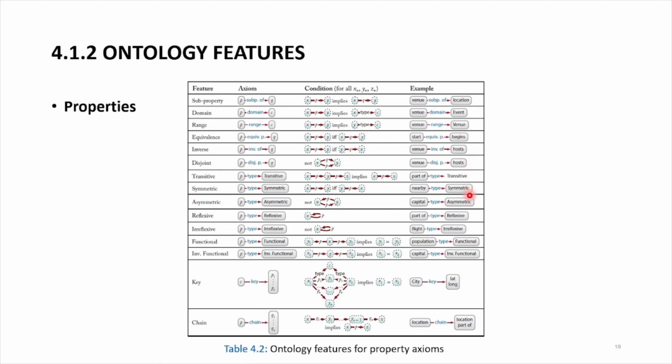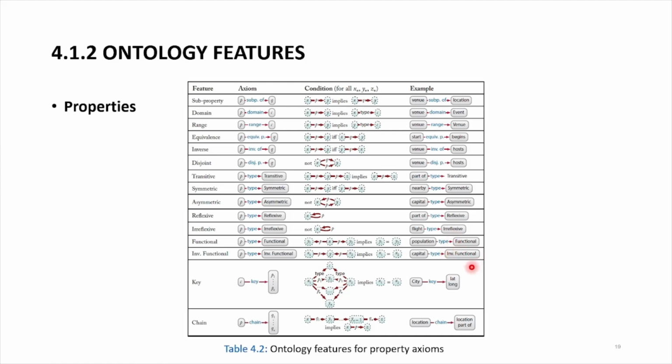And we can further define a particular property to denote a transitive, symmetric, asymmetric, reflexive, or irreflexive relation. We can also define the multiplicity of the relation denoted by properties based on being functional, many-to-one, or inverse functional, one-to-many.